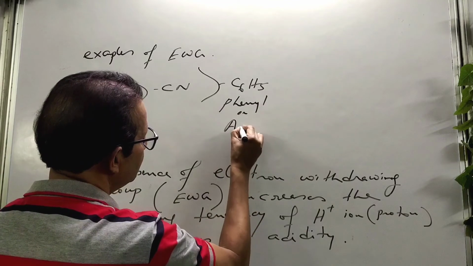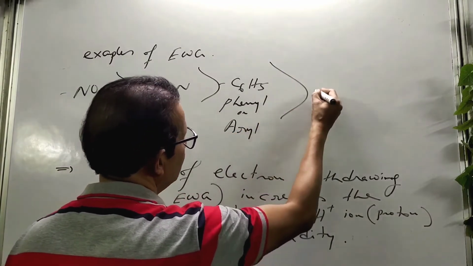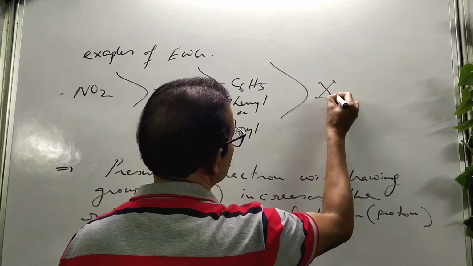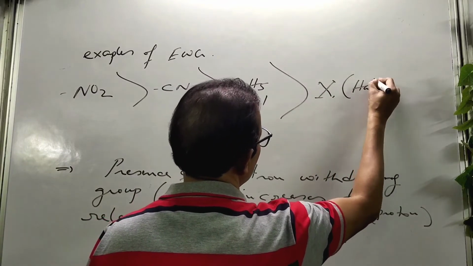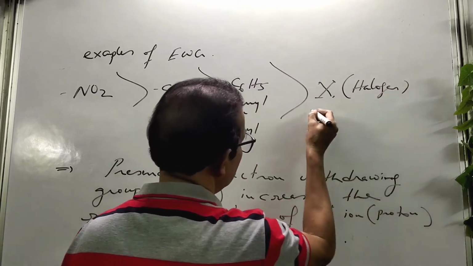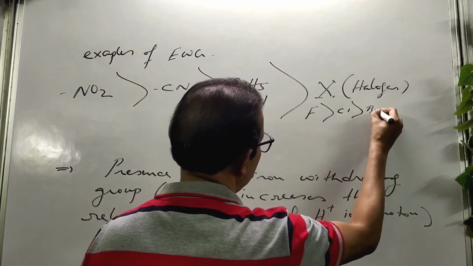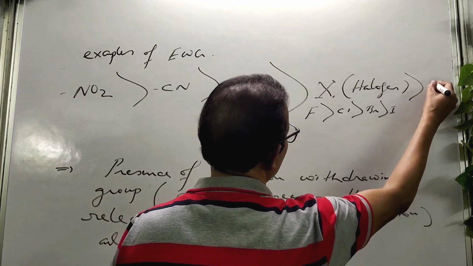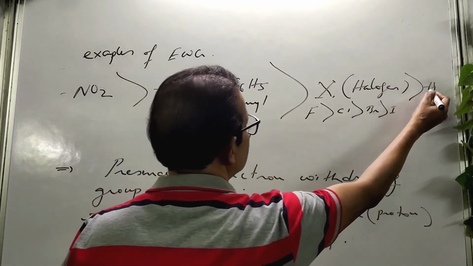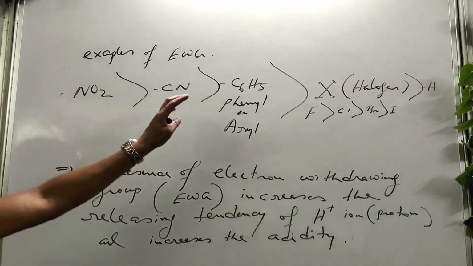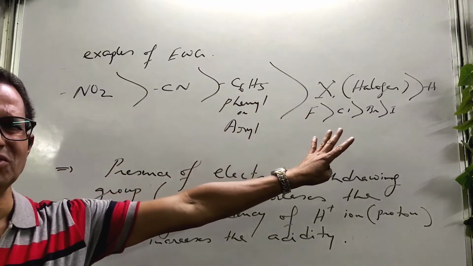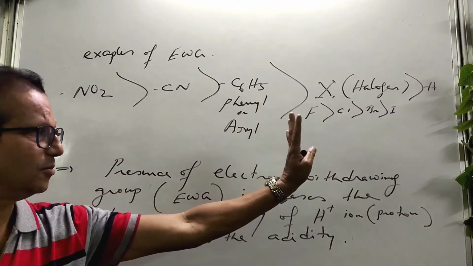Halogens X, that is fluorine, greater than chlorine, greater than bromine, greater than iodine, and hydrogen least. So these are the decreasing order. There are other groups also, no need in board exam, okay?